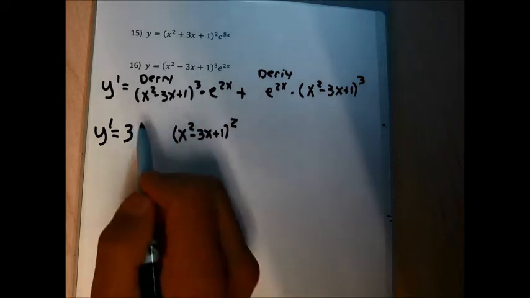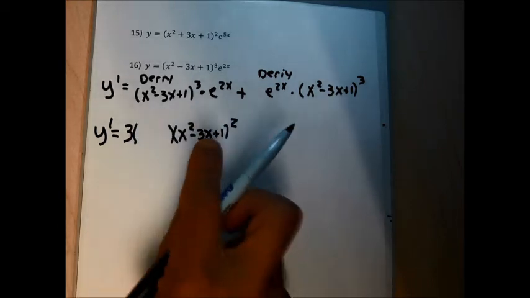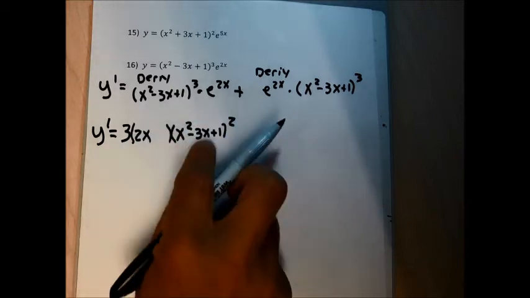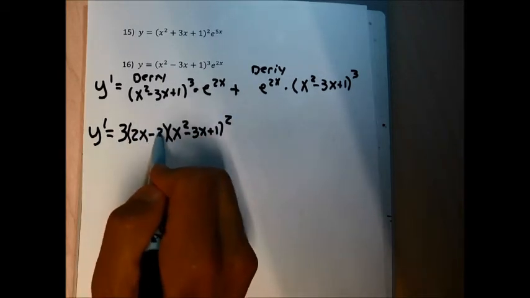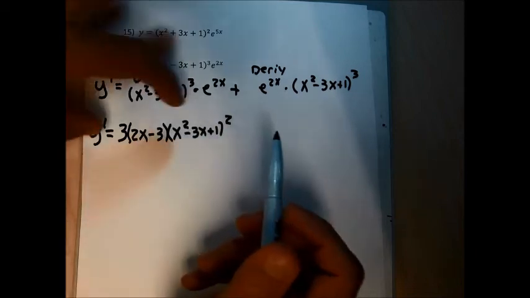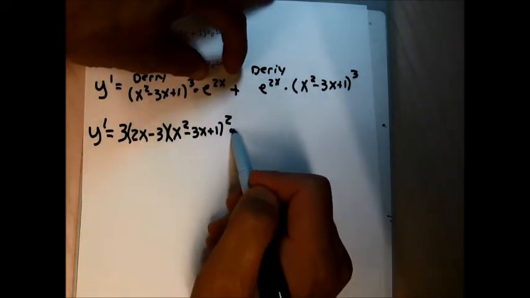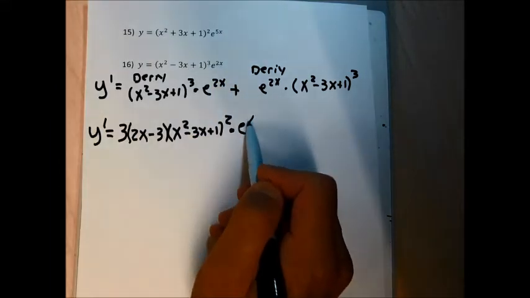Because it's more than one term, I'm going to put a parentheses here. The derivative of x squared is 2x. The derivative of minus 3x is minus 3. So that whole big thing is just a derivative of that. I still have to tack on this times e to the 2x. I probably didn't need the times sign, but it's okay to have the times sign.